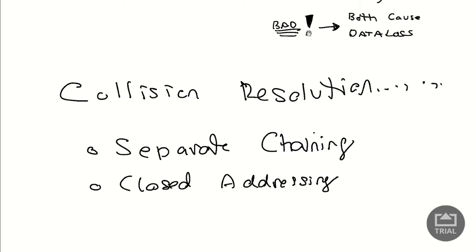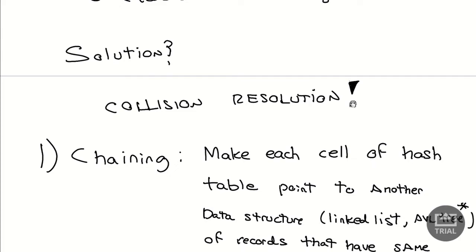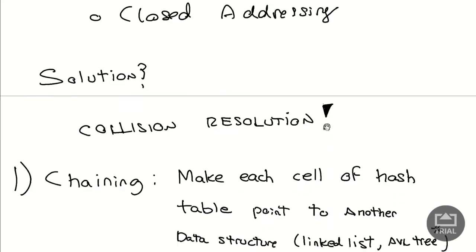Okay? So what is closed addressing or separate chaining, and how is this going to solve our problem? Well, first let me go ahead and define what separate chaining or closed addressing mean. I personally like the separate chaining one because that one's easier for me to remember what this actually is about.